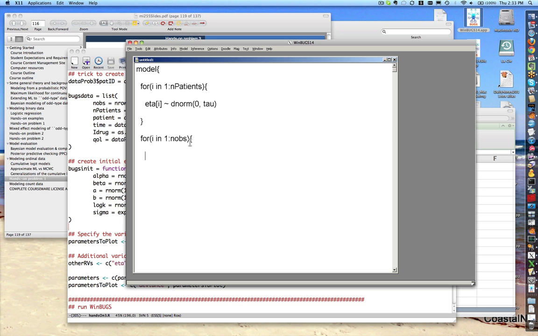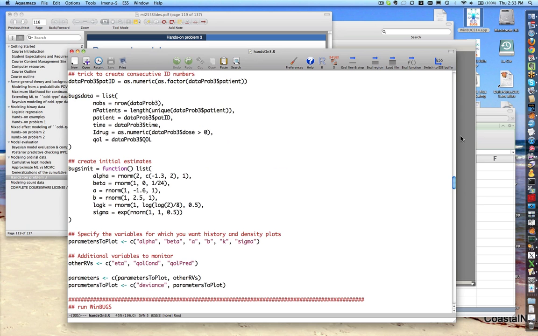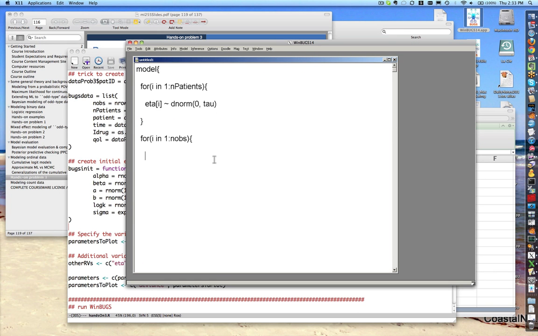Okay, and let's start out with our first component, where we're just going to have our categorical value. I think I used a lowercase QOL for the data. Yep. So we're going to call it QOL[i], tilde, and then it's dcat for our categorical distribution with our probabilities, which are going to be specific to each observation because they vary as a function of things like time and dose. So got to have an i in there.